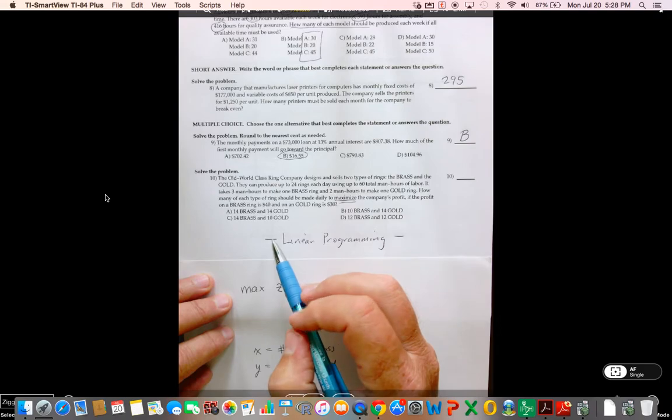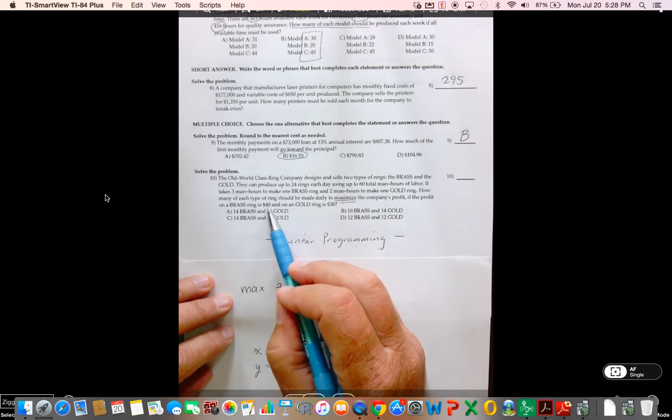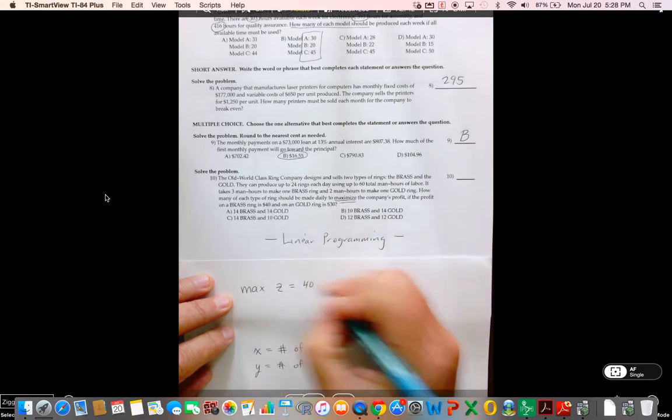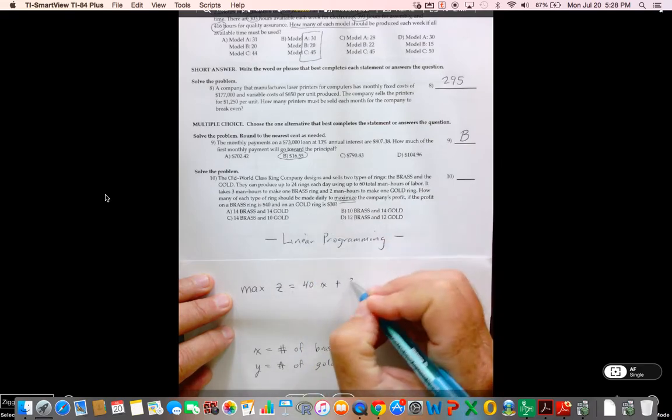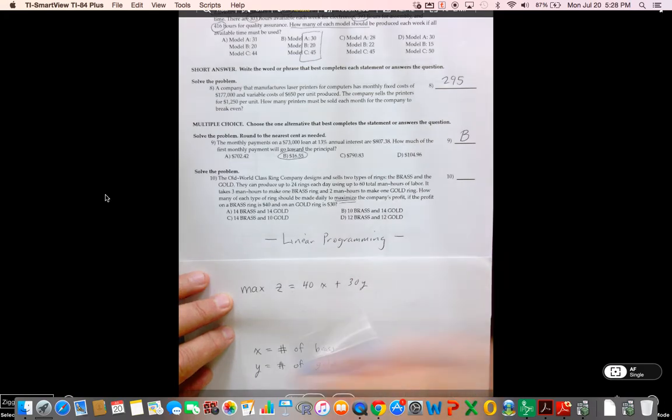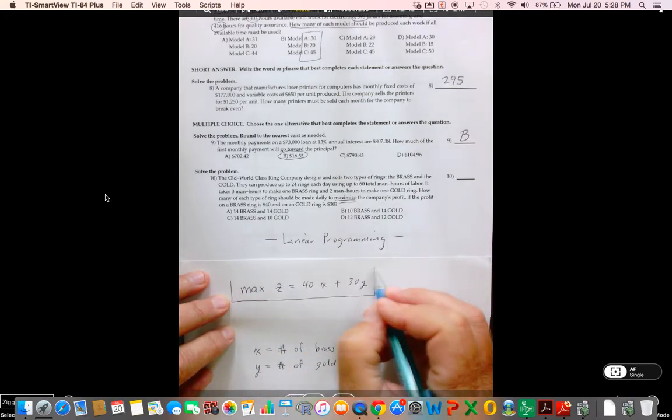They make a profit of $40 on each brass and $30 on each gold. So guys, there is the nuts and bolts of my problem. I'm trying to find the value that will maximize that. Next thing I got to do is come in and get my constraints, subject to.